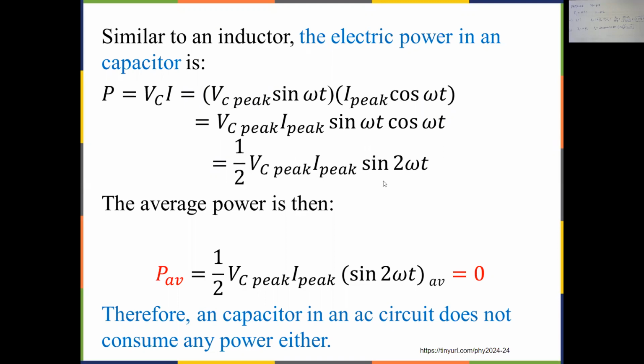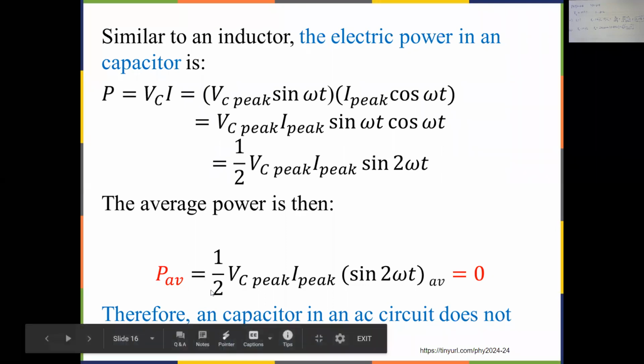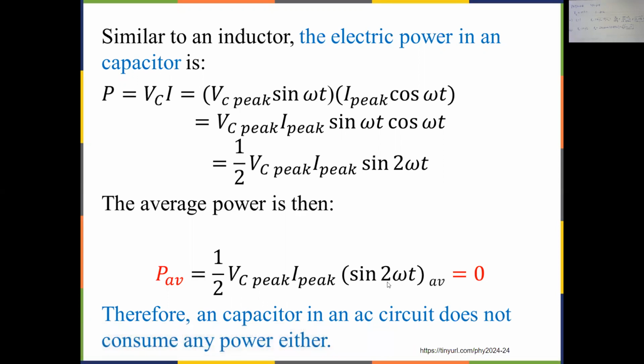Then if you average the power on the capacitor here, you'll see 1/2 V peak, I peak. They stay the same because they are constants. Sine of 2 omega t varies. Half of the time it is positive, half of the time it is negative.